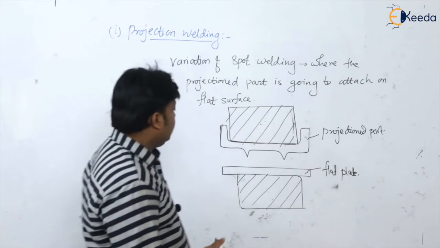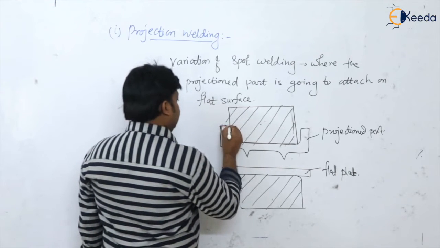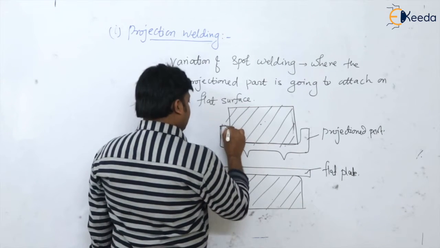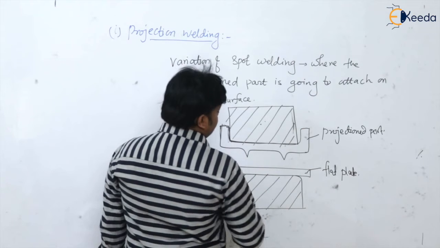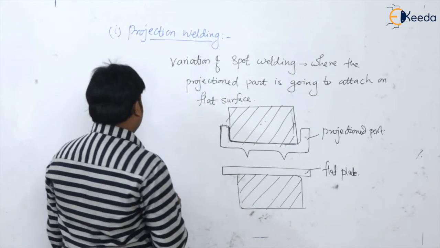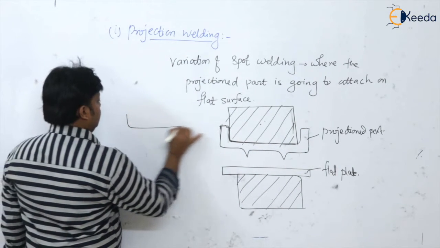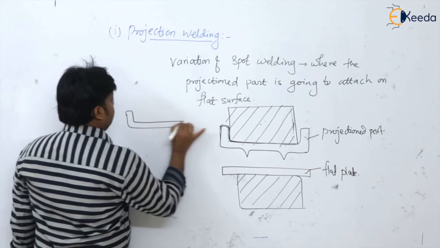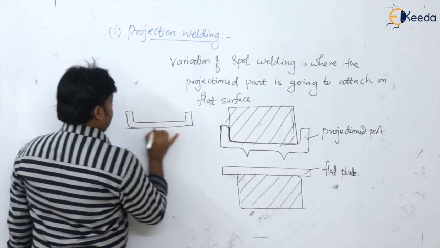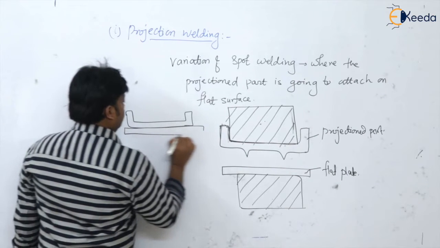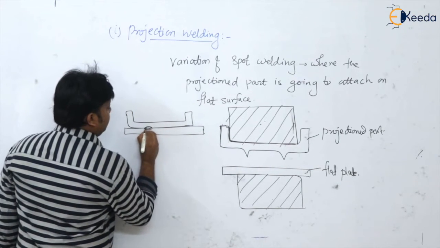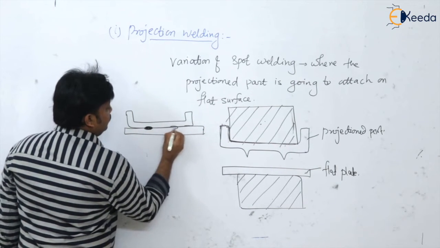Here, after this spot welding, because it is a kind of spot welding only, we will get the joint part like this. And here we are getting these spots.